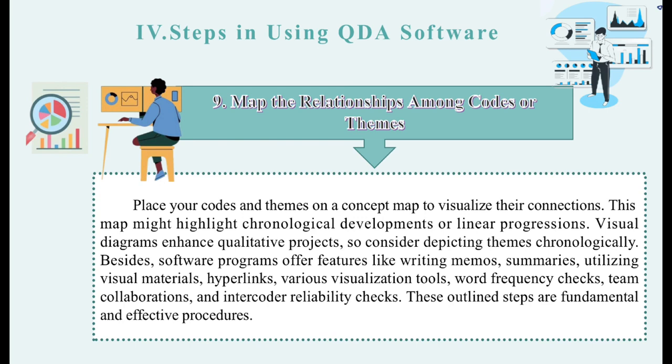Besides, software programs offer features like writing memos, summaries, utilizing visual materials, hyperlinks, various visualization tools, word frequency checks, team collaborations, and intercoder reliability checks. These outline steps are fundamental and effective procedures.